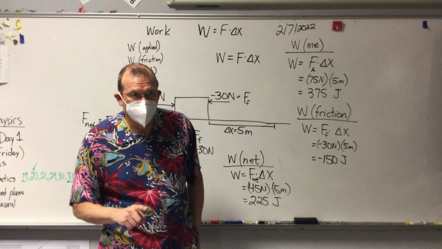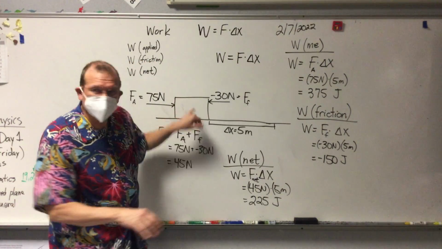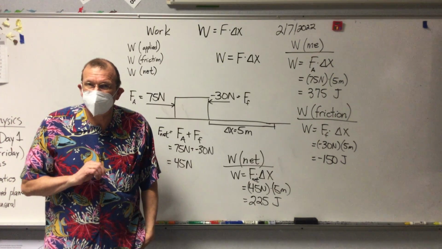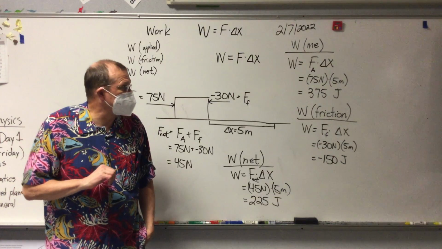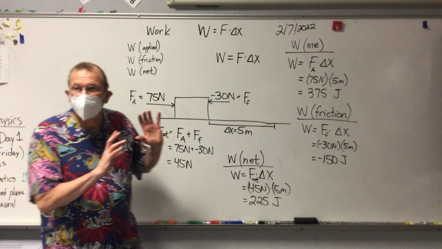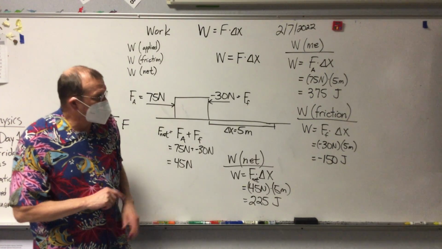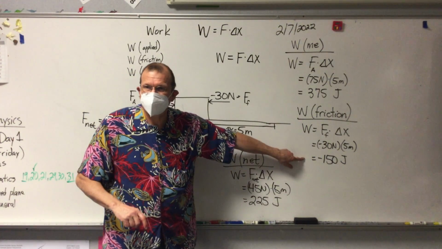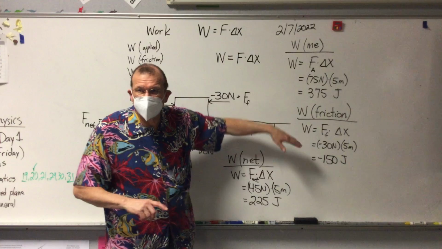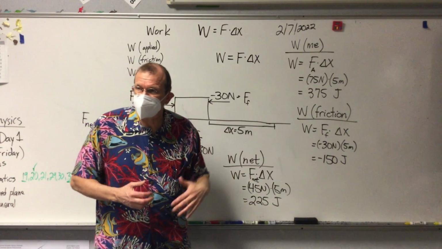Now the thing that will happen is that when somebody watches the box that you pushed, and we'll learn this down the road a little bit, they're going to say, I don't see 375 joules of work out of this box in terms of how fast it's moving when it's gone this 5 meters. And the reason for that is this right here. While you were pushing with 75 newtons, there was another thing acting against you.